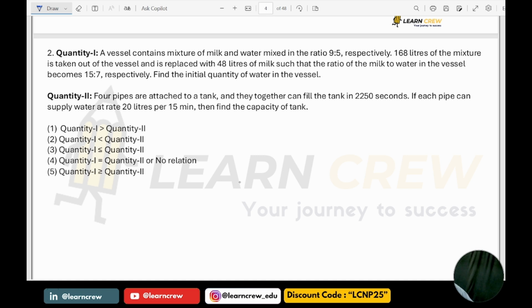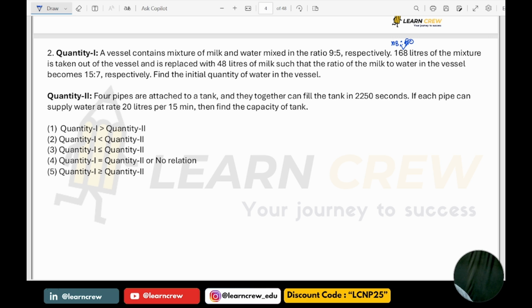Find the initial quantity of water in the vessel. So if you see this also, 9:5: 14 parts is 168, 9 parts is 108, 5 parts is 60.